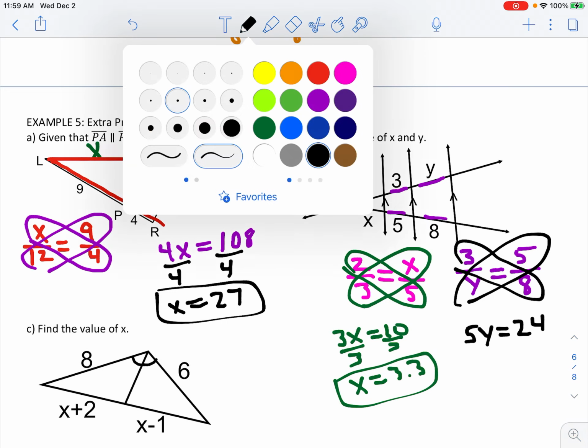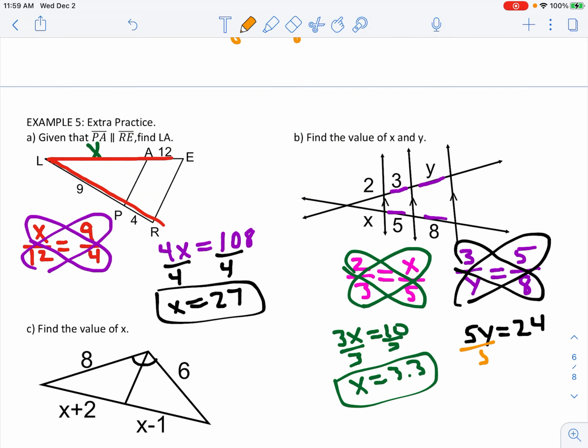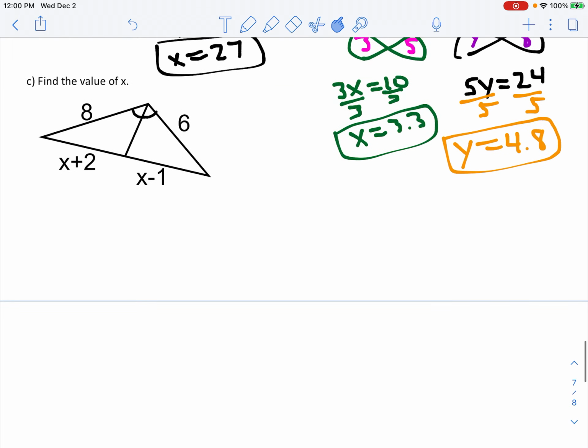I'm going to finish it up by dividing both sides by 5. And I get y to equal 4.8. All right, again, pattern, pattern, pattern, and you should be all good.